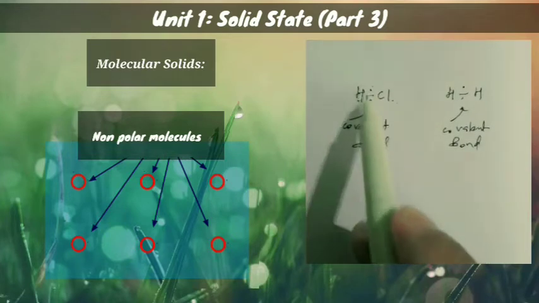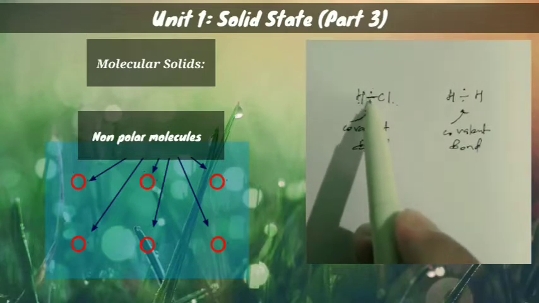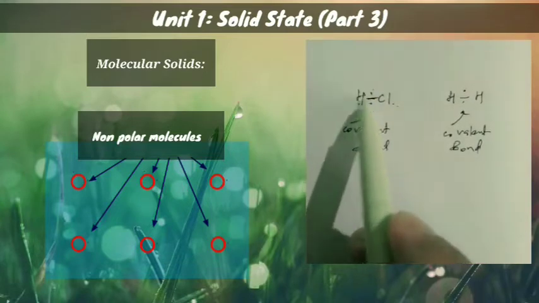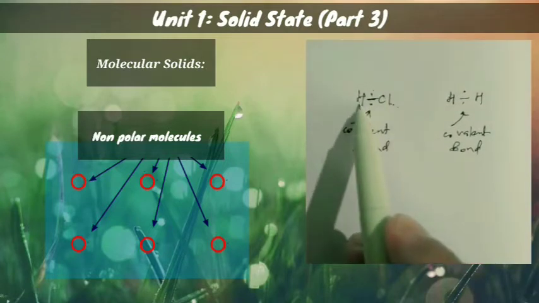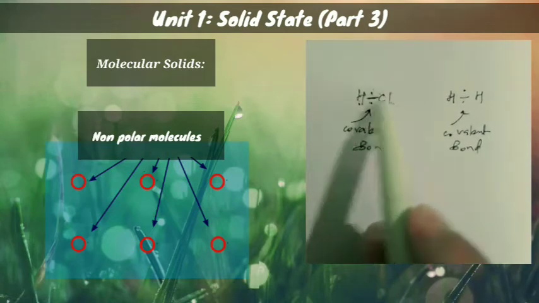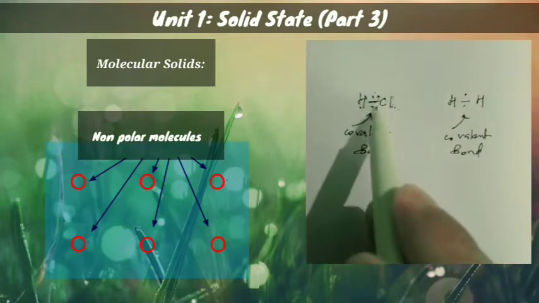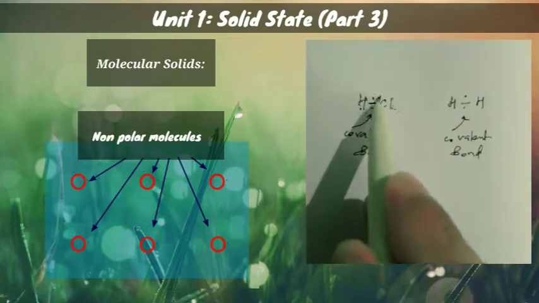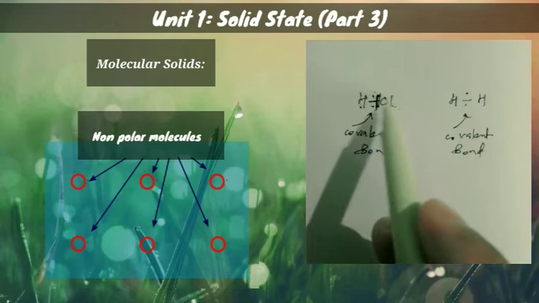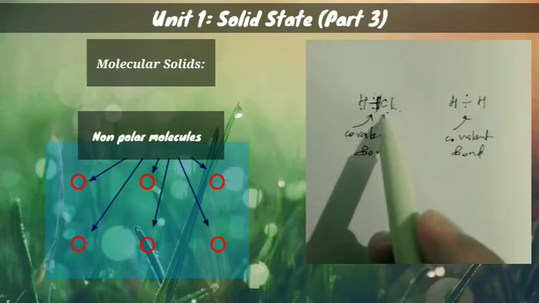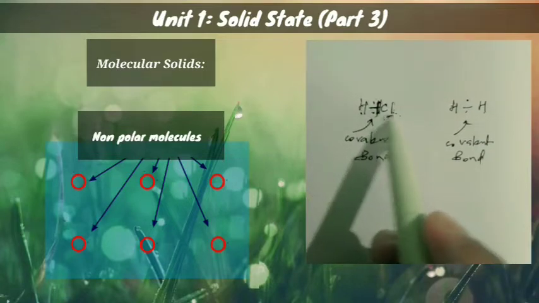This electron pair is shared between hydrogen and chlorine. But since the electronegativity of chlorine is higher than hydrogen, chlorine is going to pull this electron pair more towards itself. So the electron pair will no longer be at this position; the electron cloud will shift towards chlorine.